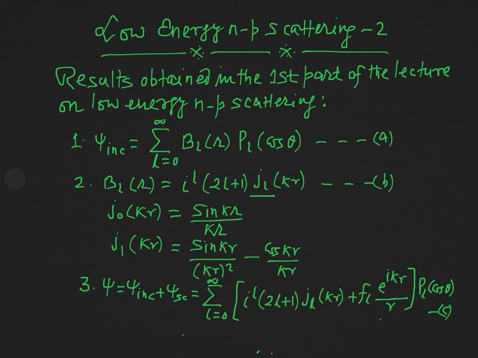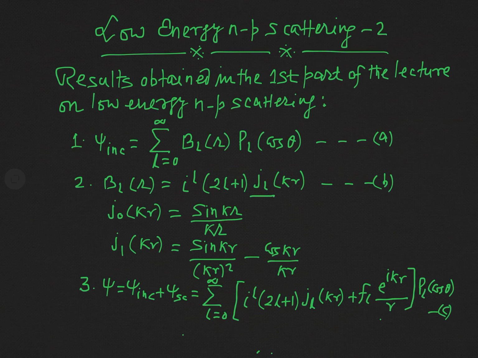In fact, when L is 0, then this spherical Bessel function is denoted by J0 of KR, and we have learnt that this is equal to sin KR by KR. And the first order spherical Bessel function, that is J1 of KR, is equal to sin KR by KR square minus cos KR by KR.